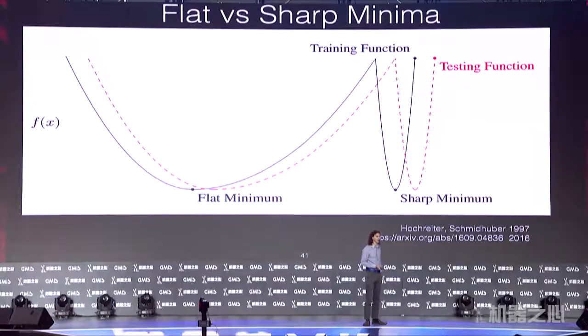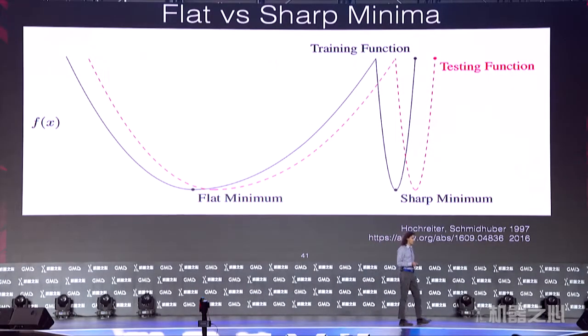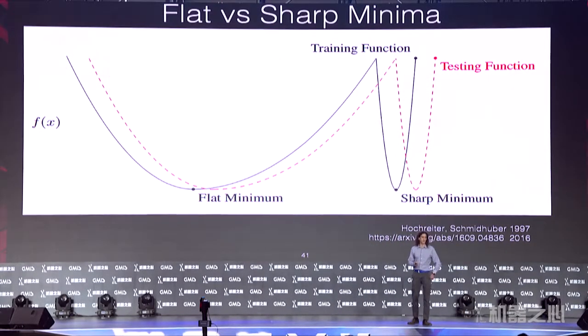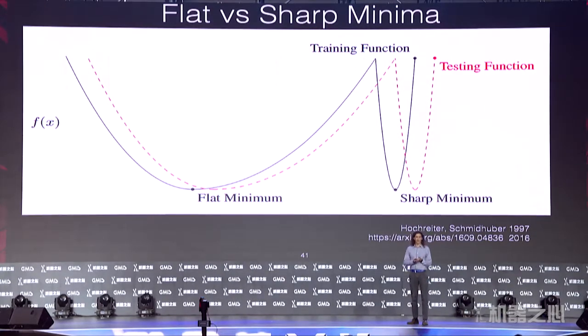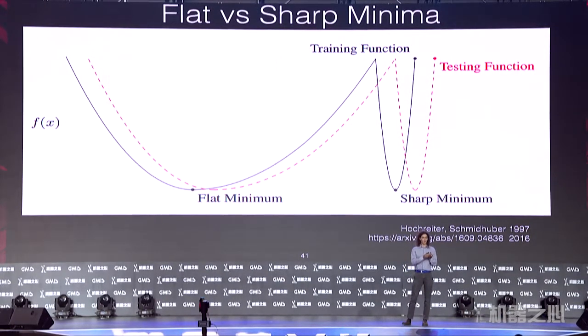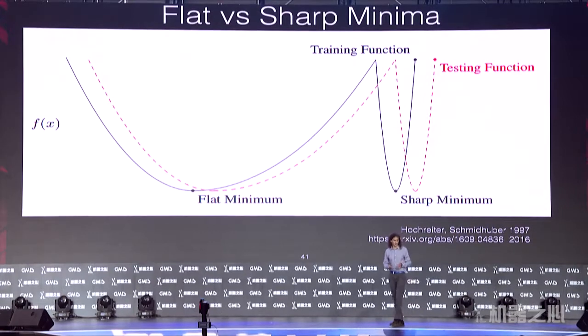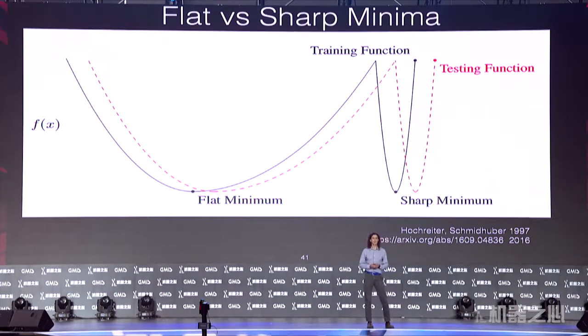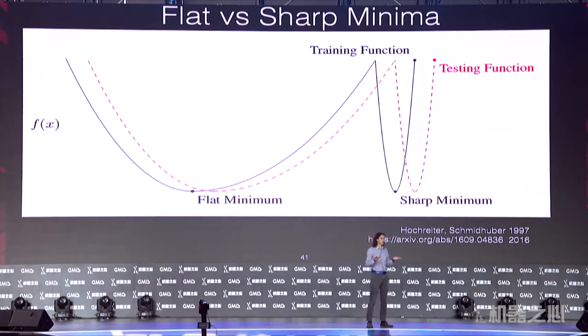This work was originally done by Jürgen Schmidhuber, who gave the keynote this morning, and Sepp Hochreiter 20 years ago, and it was kind of rediscovered last year. We're looking at the loss surface again, but now projected down to just one dimension for simplification. The idea is that there are different kinds of minima.